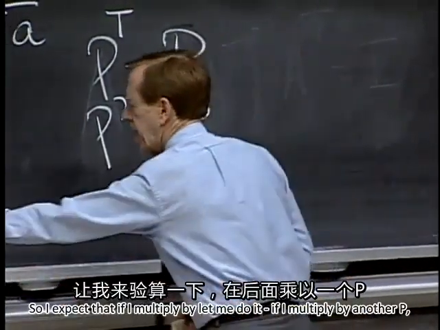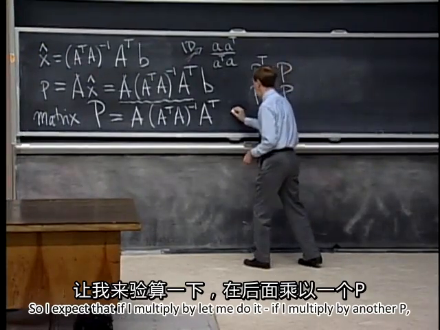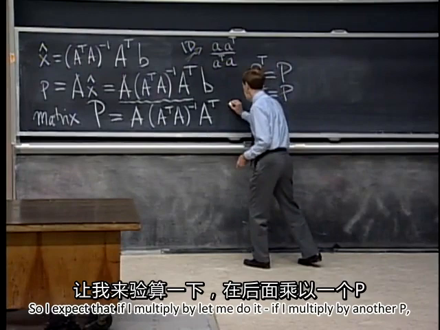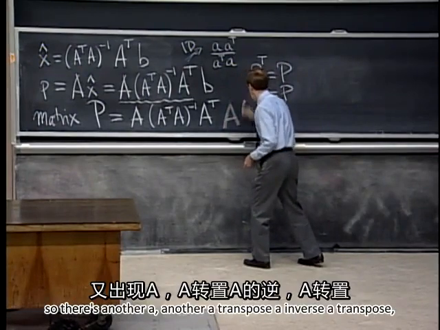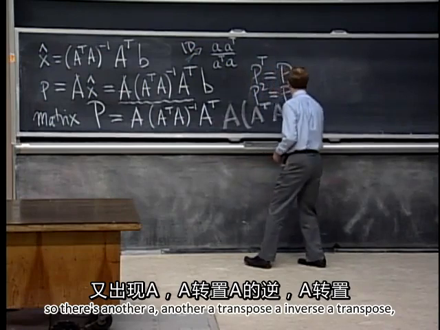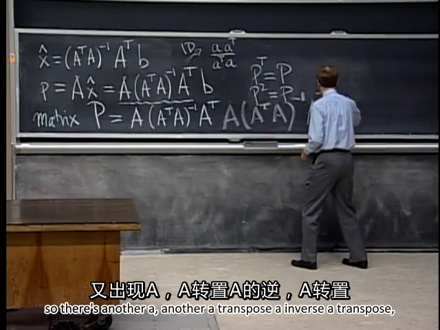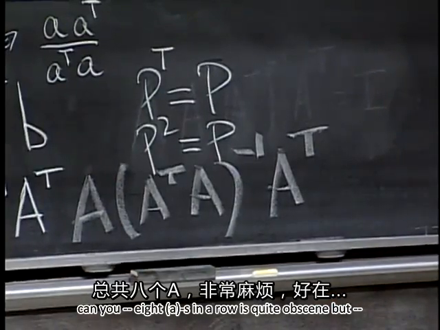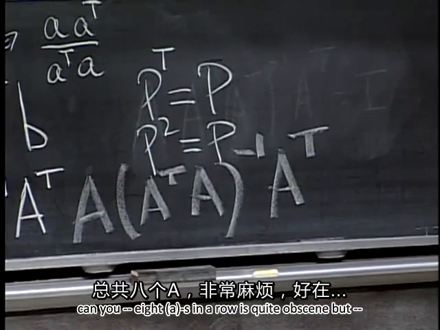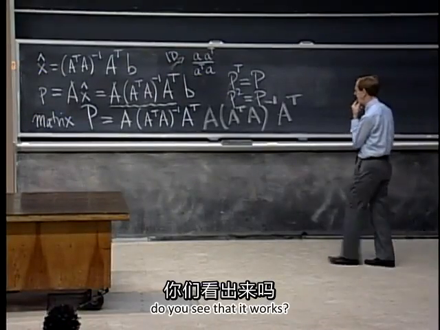So I expect that if I multiply by another P, there's another A transpose A inverse A transpose. Eight A's in a row is like obscene, but do you see that it works?